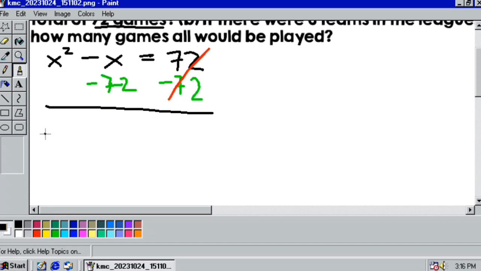Now we have x squared minus x minus 72 is equal to 0. Now we can solve this by using the quadratic formula or by factoring. But in this case, we're going to do the factoring part.